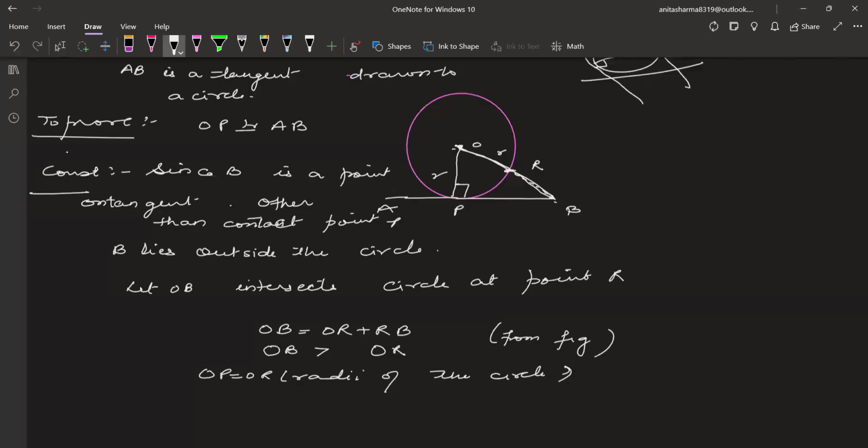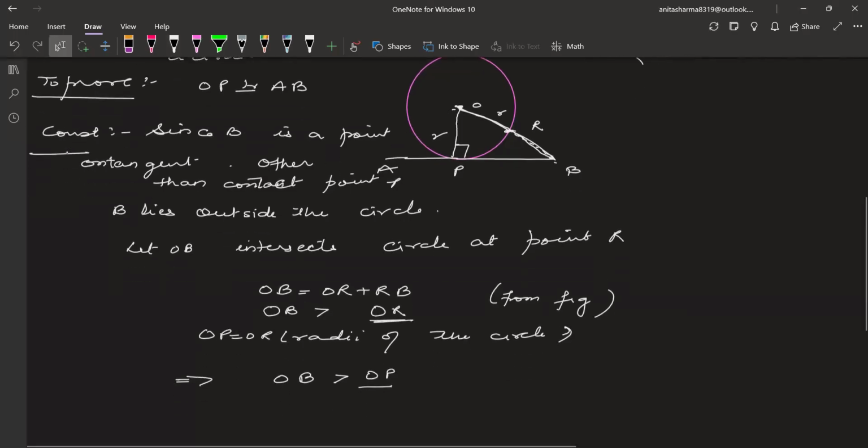So it implies that OB is greater than OP, right? Instead of OR, I have written here OP. Clear? So therefore, OP is less than OQ.